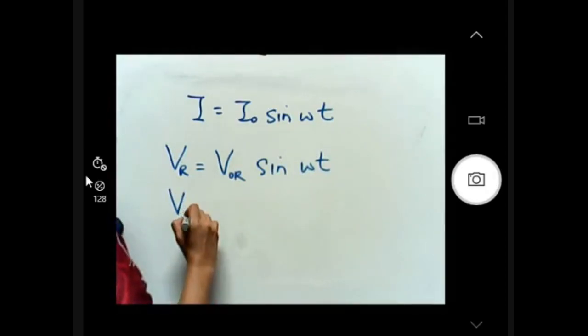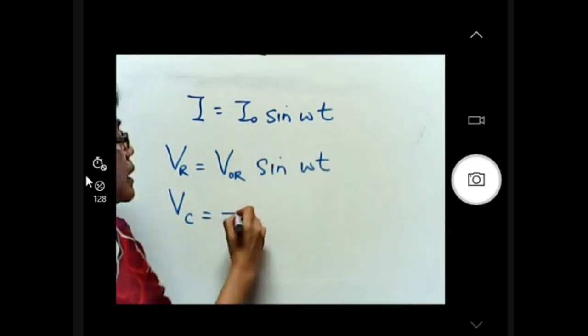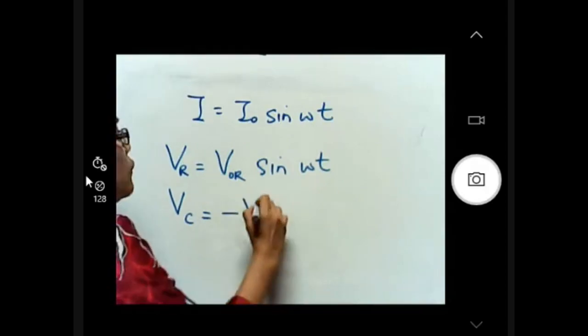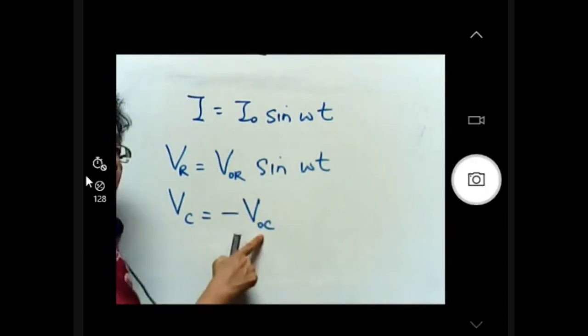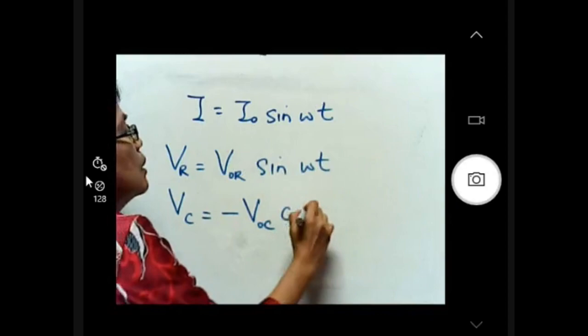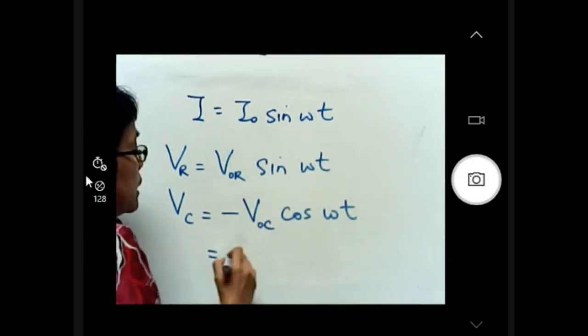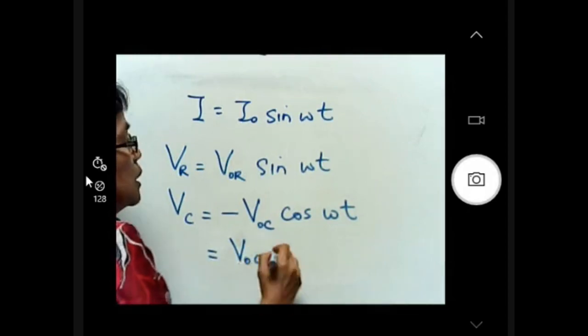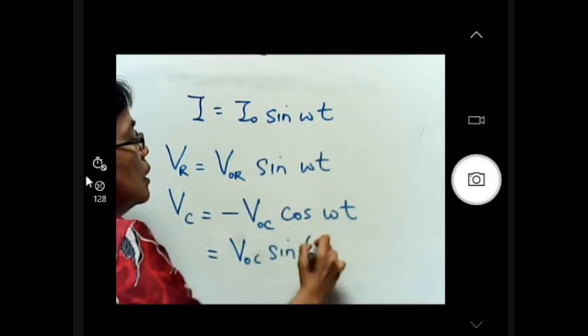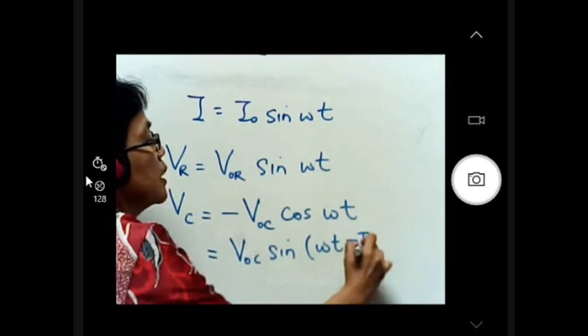Voltage across capacitor will be negative V naught C cos omega t, or I can write V naught C sine omega t minus pi per 2.